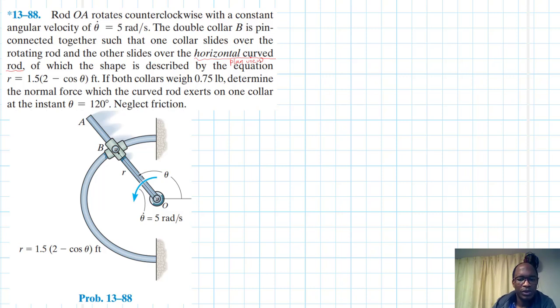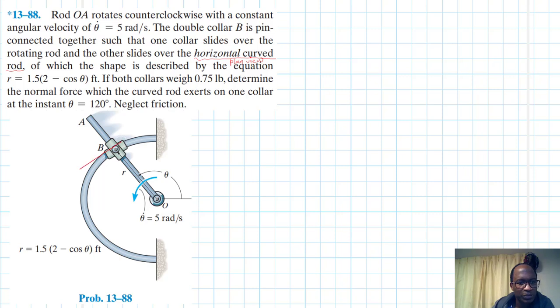So let's draw the free body diagram. We are going to have a normal force on the collar that is in contact with the curved rod.